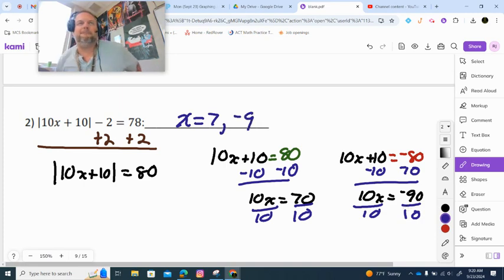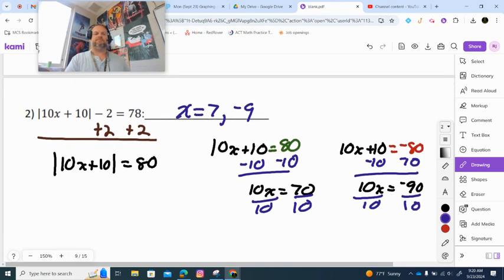All right. So remember, you have to isolate the absolute value first.